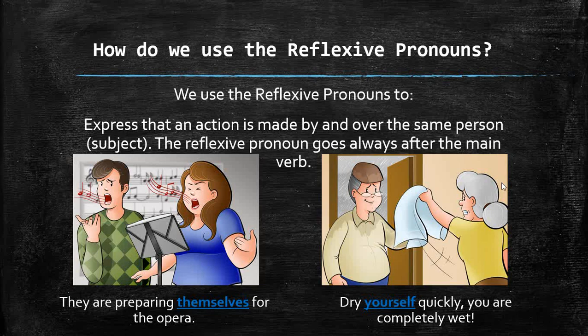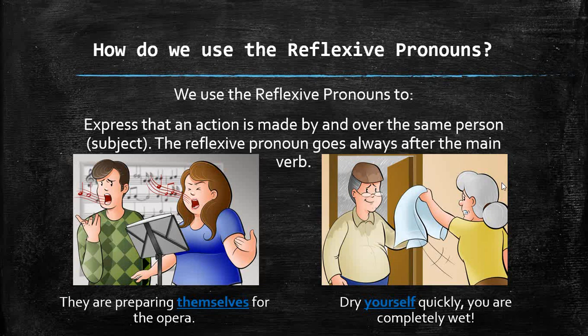We have two pictures and two sentences to look at the position where the reflexive pronoun goes, and how it refers to the fact that the subject is doing the action over itself.